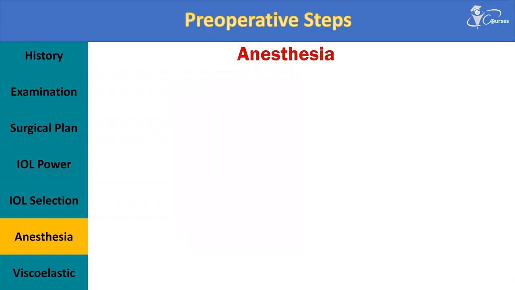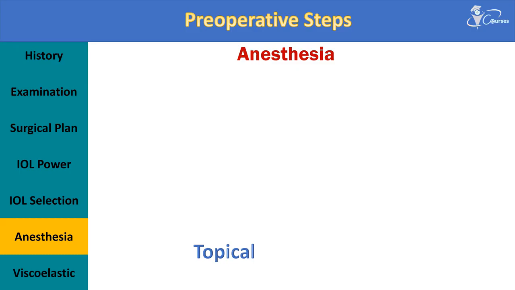Now, after we measured our intraocular lens power, we are ready for the surgery. The surgery, as any surgery, starts with anesthesia. What are the different types of anesthesia that could be utilized in cataract surgery? It could be topical. Topical has an advantage and a disadvantage. The advantage is that it will minimize or prevent the complications of anesthesia. Any kind of anesthesia has its complications, but the one without complications is topical.